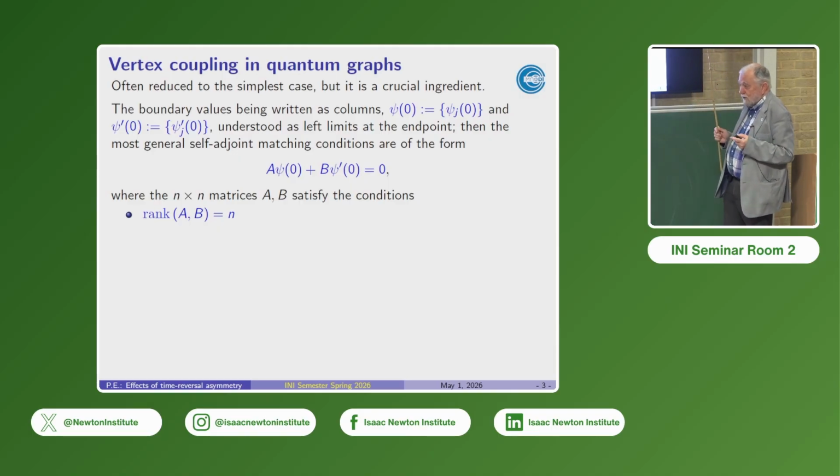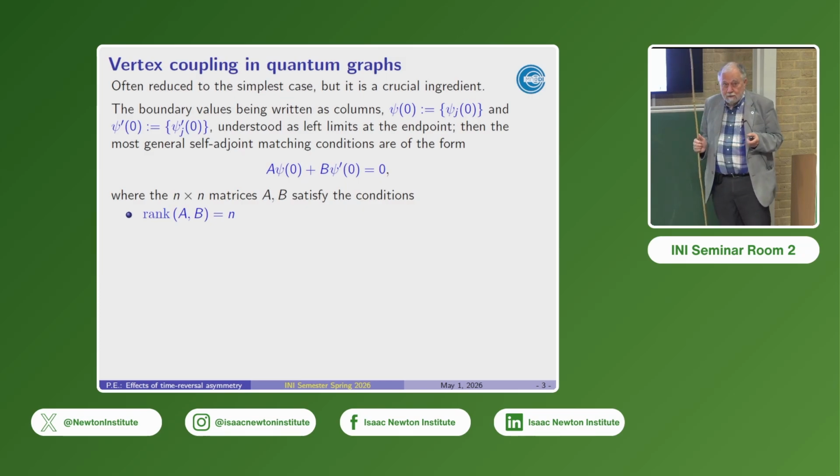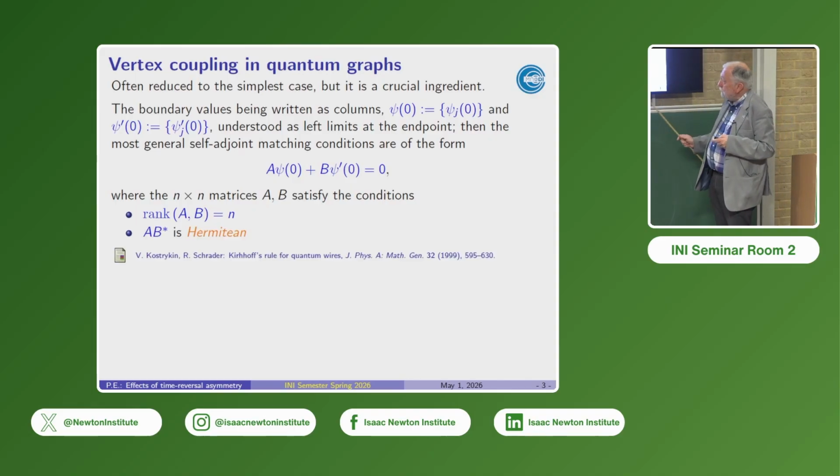Since it is second order, the conditions should involve the values and the values of the derivatives. The most general condition of this type is a linear relation with matrix coefficients A and B. To make it self-adjoint, the coefficients should satisfy two requirements. First, if you arrange the two n by n matrices into an n by 2n matrix, it should have maximum rank. The second is that this combination should be Hermitian.